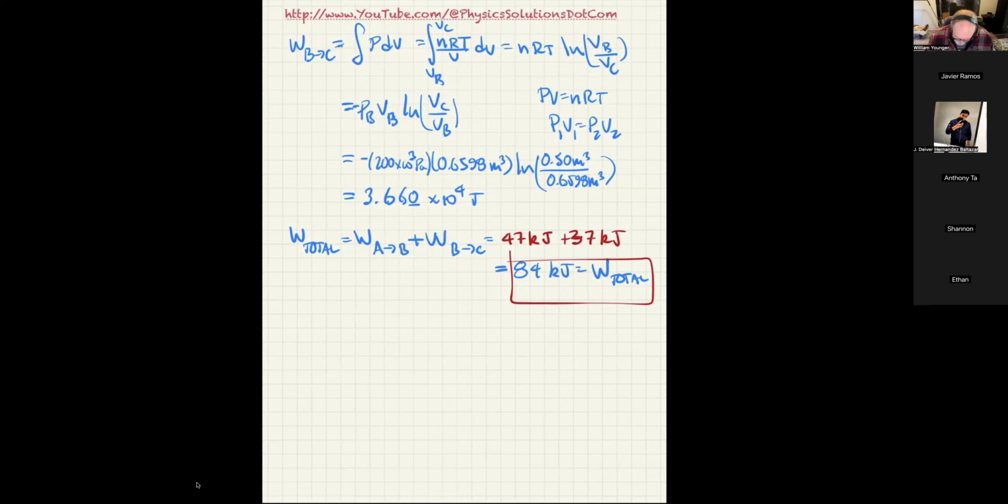That's why both of these came out negative, but I ended up just changing the sign to the negative, because again the work done here is from the first law of thermodynamics. It's the work done by the system, not the work done on the system. So we're going to have to use the negative of that. That's where that negative sign came in. But that basically gives you the same result, roughly 84 kilojoules.